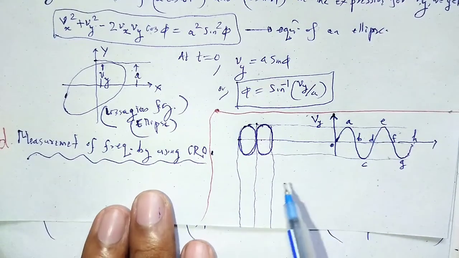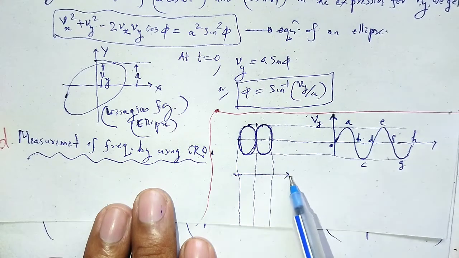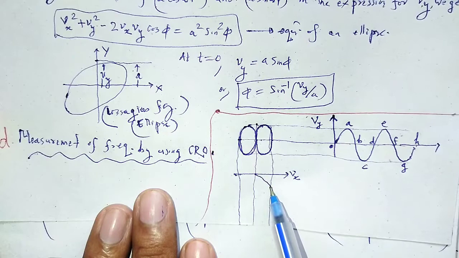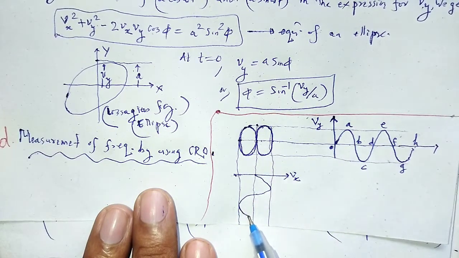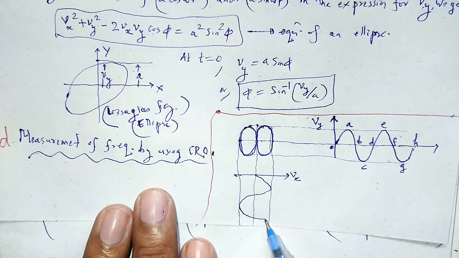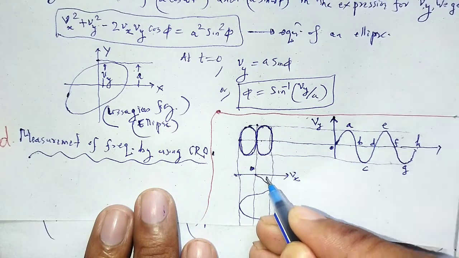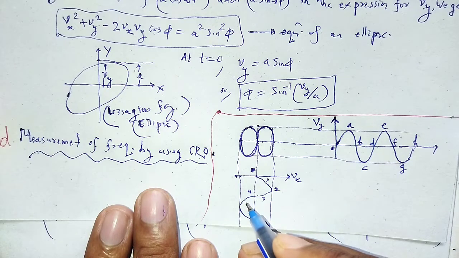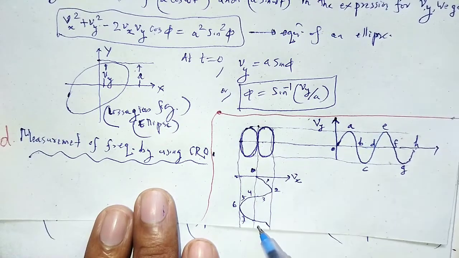Now for Vx, the signals are 0, 1, 2, 3, 4, 5, 6, 7, 8.